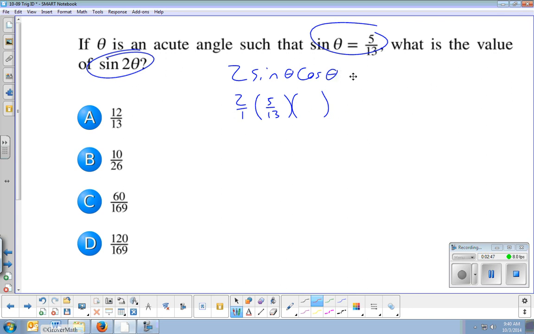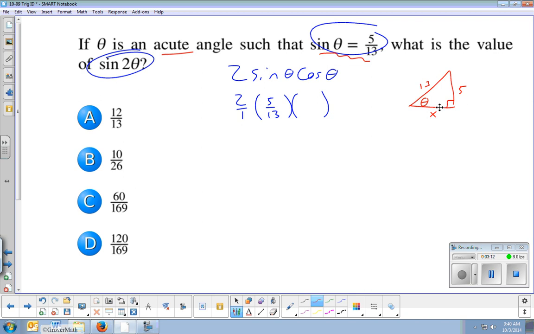The best way to do that is they tell us that theta is an acute angle. That just means we're looking at a right triangle, and theta is one of our acute angles. They give me sine theta is 5 over 13, so now I need to find this other side in order to do cosine. This would be a Pythagorean theorem problem.